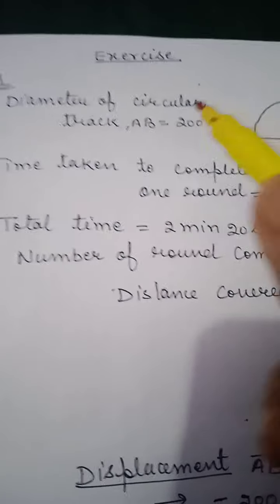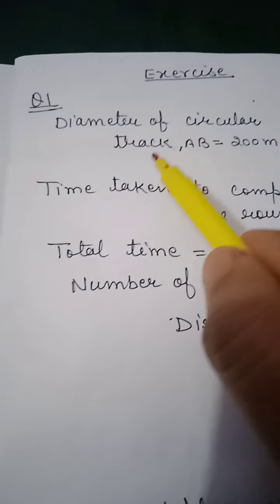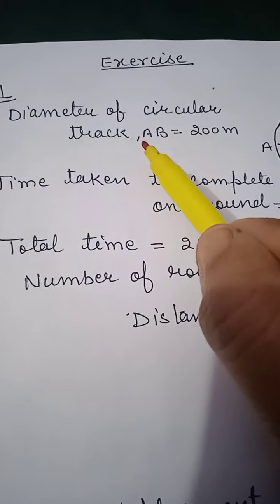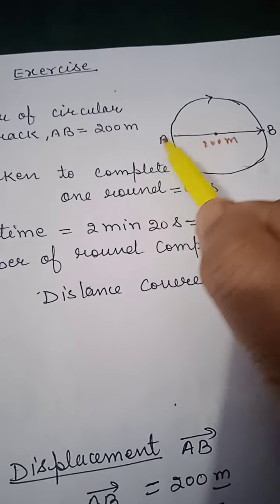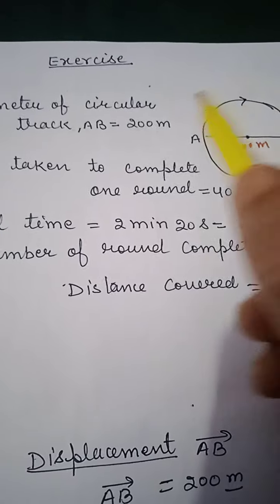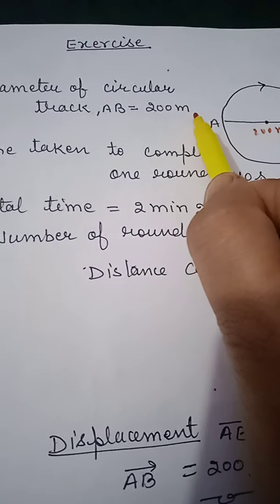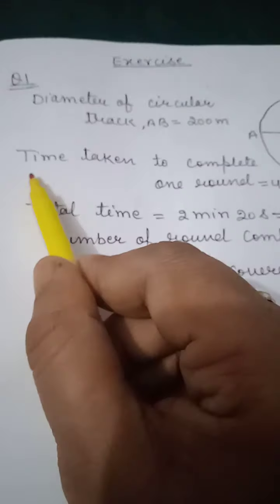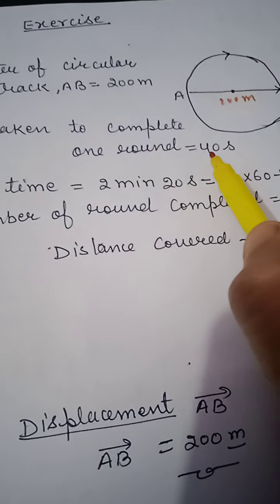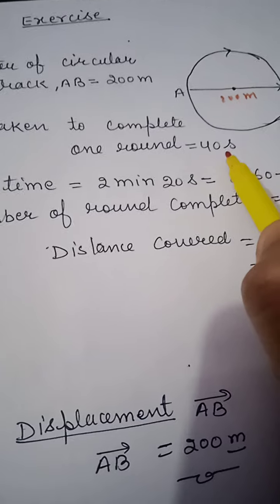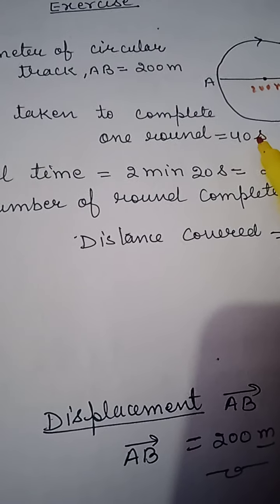So what is given here? The diameter of the circular track is equal to 200 meters. The time taken to complete one round is also given, that is 40 seconds.